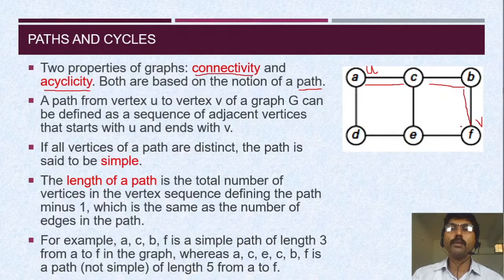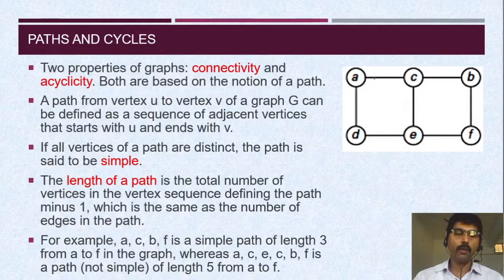There are many paths between A to F here. U to V, there are many paths. This one is also one type of path. This one is also one type of path. So there are many paths from U to V. Okay, the next one is simple path.